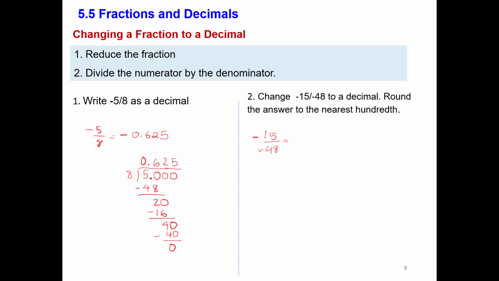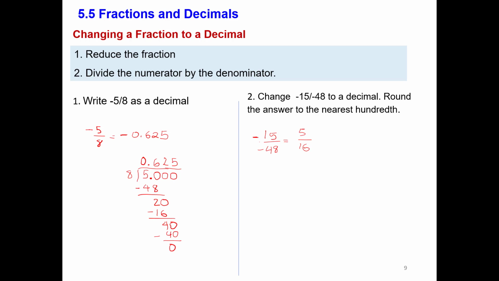Negative divided by negative is positive. Then we know the answer must be positive. Then let's try to divide these two numbers. We can divide by 3. Yes, divide by 3. 15 divided by 3 is 5. 48 divided by 3 is 16. And we know this is positive.